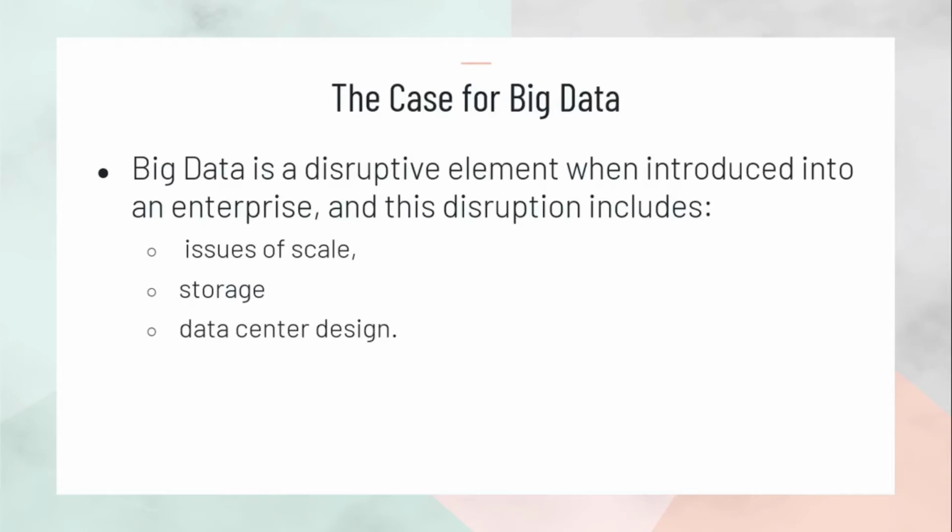Big data is a disruptive element when introduced into an enterprise, and this disruption includes issues of scale, storage, and data center design. The disruption normally involves cost associated with hardware, software, staff, and support, all of which affect the bottom line.